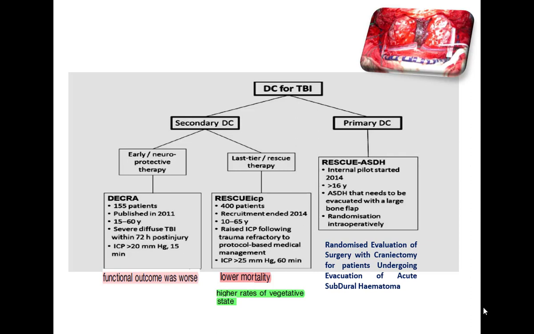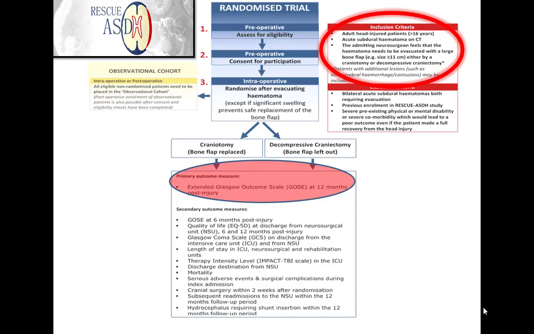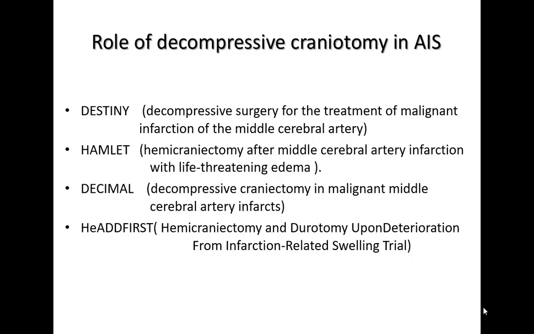And the primary decompression of rescue ASDH, the RESCUE-ASDH trial, a randomized evaluation of surgery with craniotomy for patients undergoing evacuation of acute subdural hematoma, showed the extended Glasgow Outcome Scale was better in this subset of patients, so it is obviously recommended for acute injuries and acute subdurals.